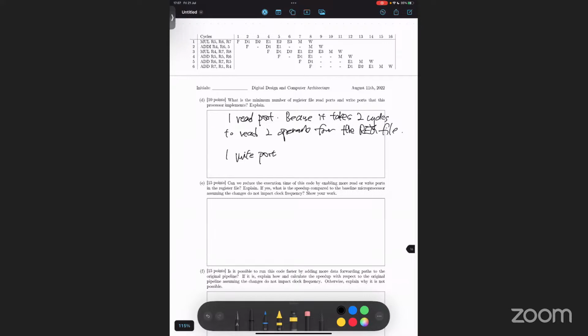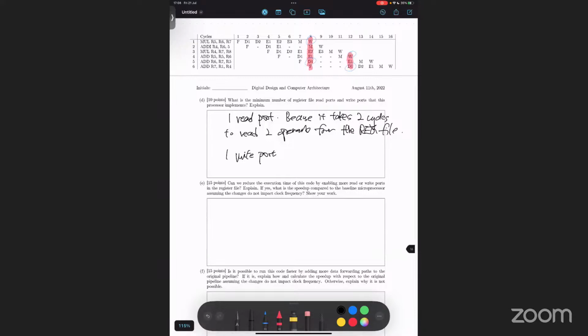This is because if we take a look at the write back stages, let's say here in cycle 12 and also cycle 8, in these 2 cycles we see both the write back stage and the decode stage using the register file at the same time.